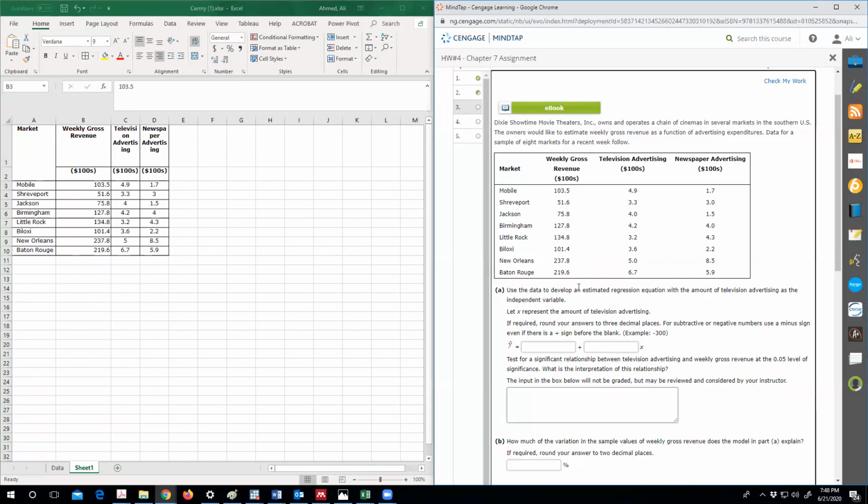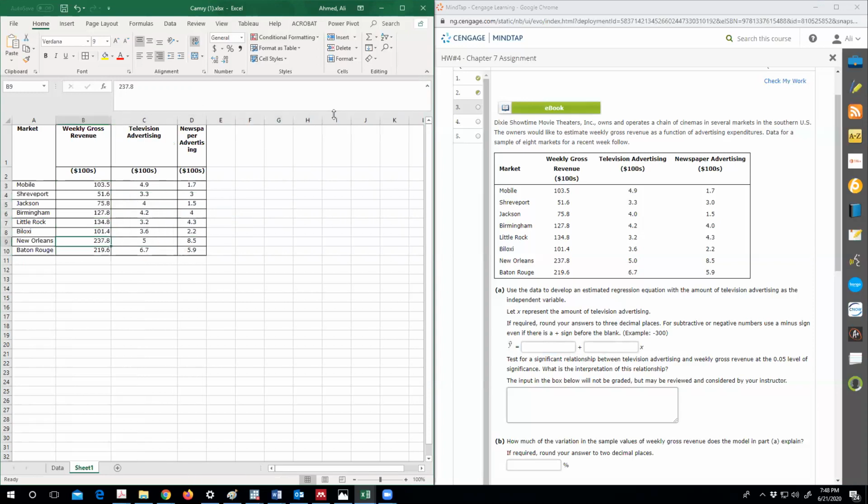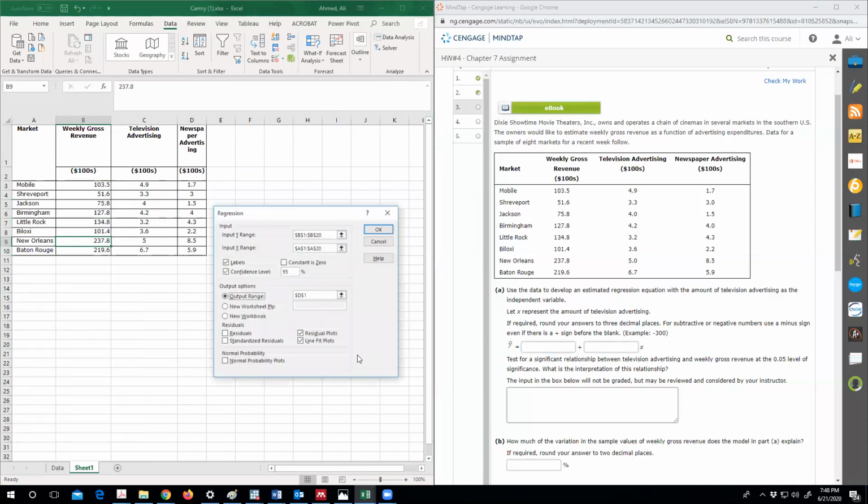Use the data to develop an estimated regression equation with the amount of television advertising as the independent variable. X represents the amount of television advertising. If required, round the answers to two decimal places, and for negative values use the minus sign. So we can just do the same thing. This is our revenue, this is our television advertising. So we can go to Data and develop a model.